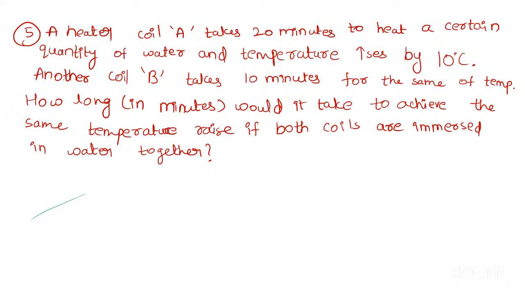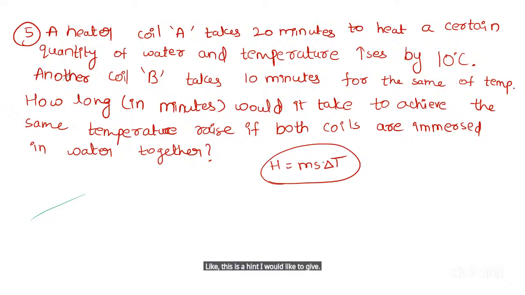Heat is a form of energy, and you would have known that heat is equal to m s delta T, where m is the mass, s is the specific heat of the material, here we are considering water, and delta T is the change in temperature. This is a hint.